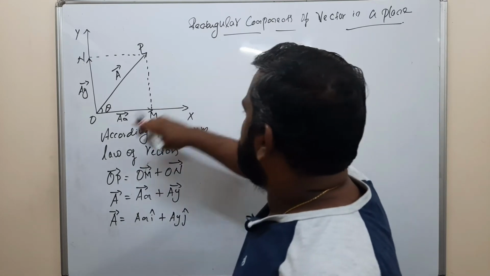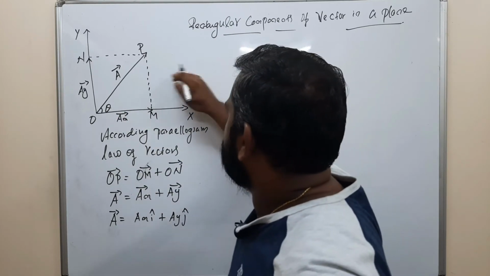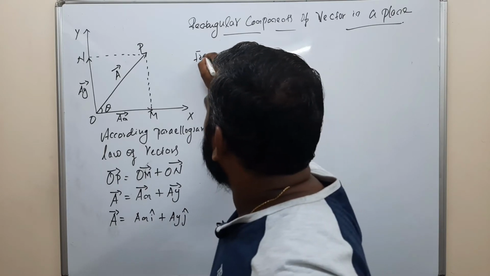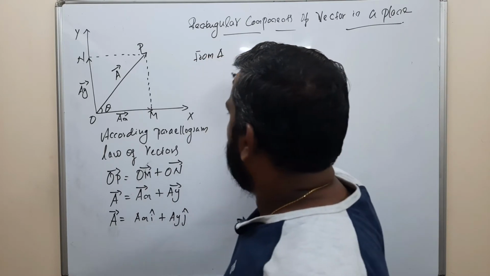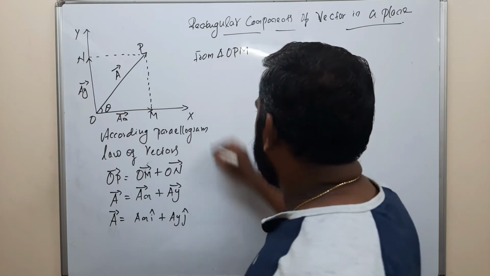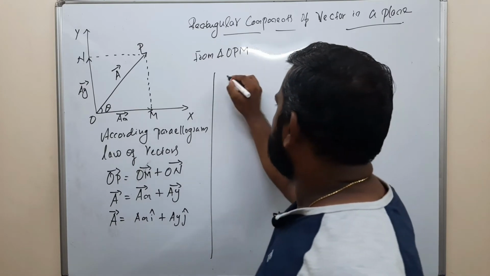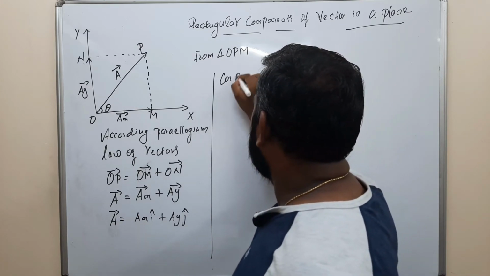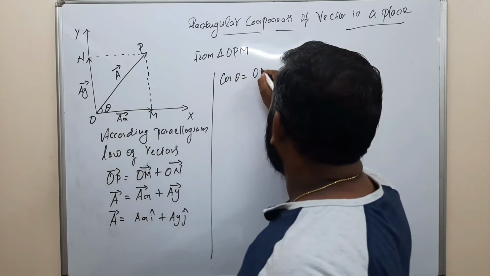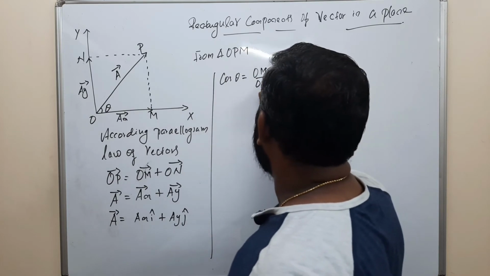So the vector makes an angle theta with the x-axis. From triangle OPM, cos theta is equal to the adjacent side, that is OM, divided by the hypotenuse, that is OP.